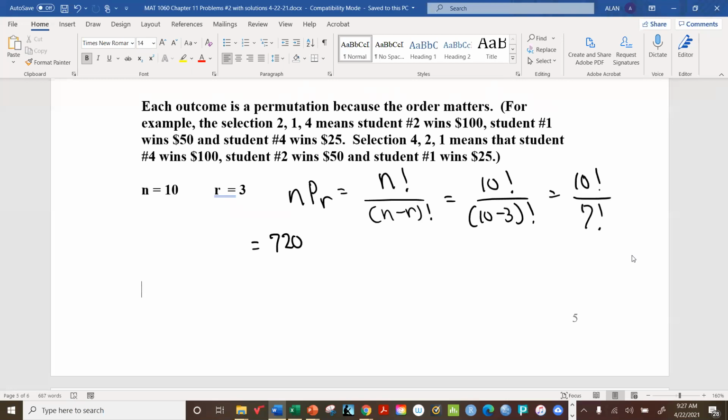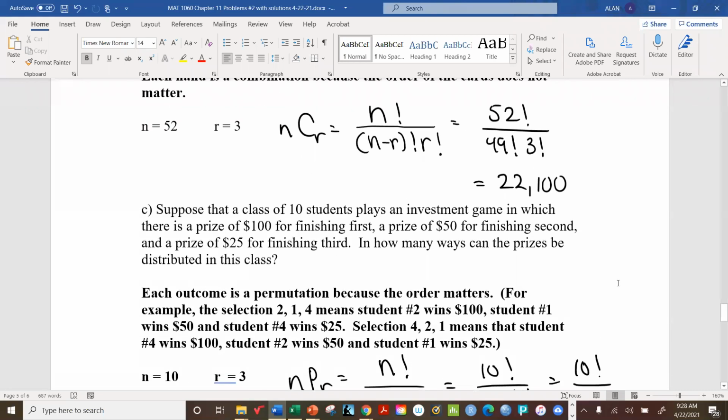Let me get onto mine right now. The 10 factorial, I'm talking about the question before, I'm sorry. 52 factorial is astronomical.